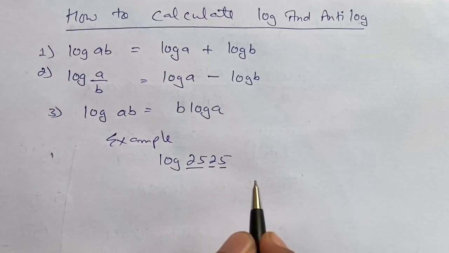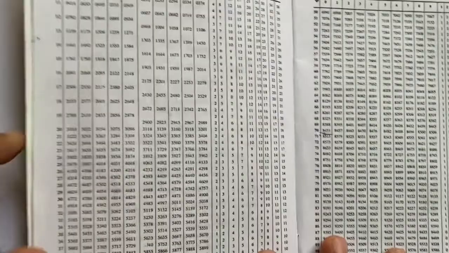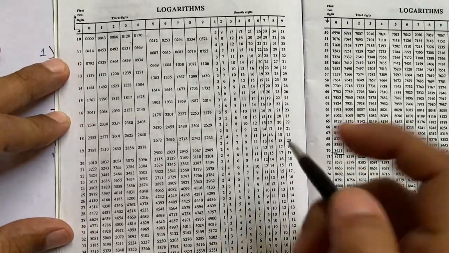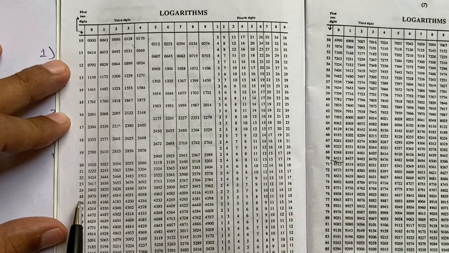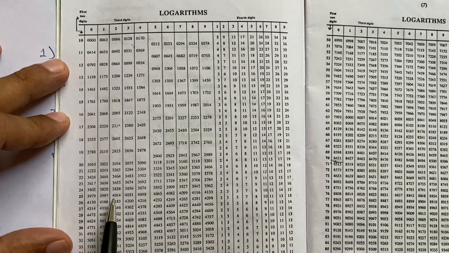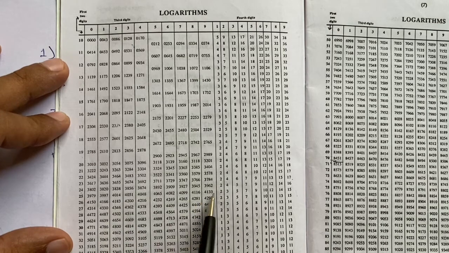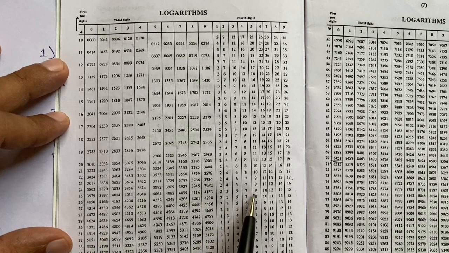Now look at the log table. You have to look for logarithm chart. First two digits 25. 25 under 2, it comes out to be 4014. And again 5 of mean difference, that is 9.